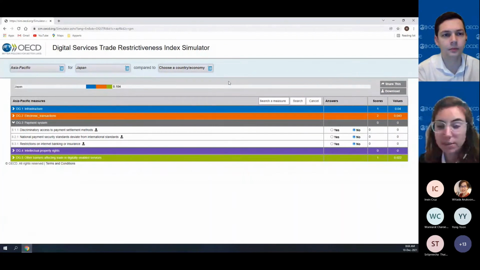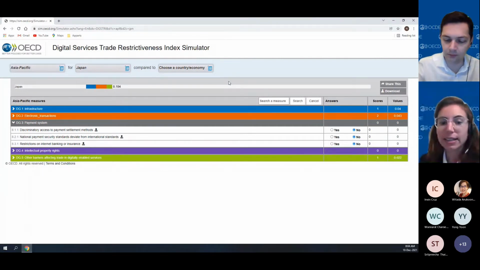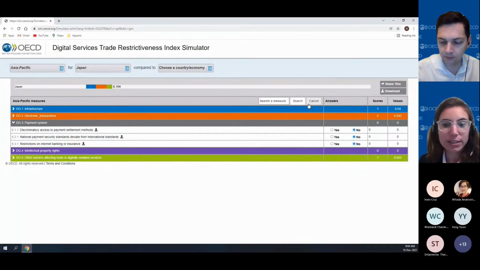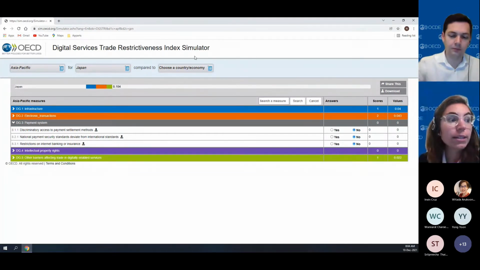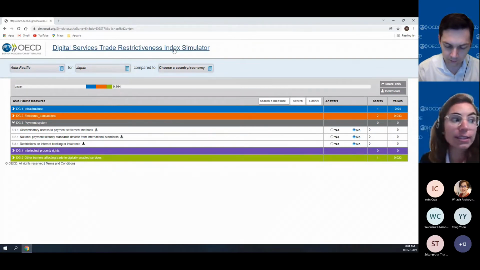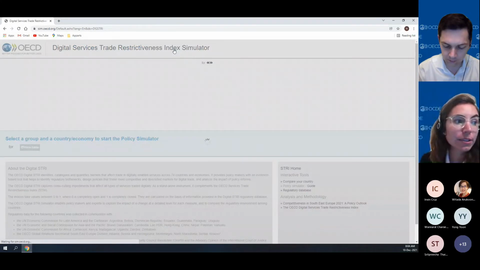For those 2 countries, you have both the index, the digital STRI and the full STRI, which, as you know, covers many more sectors, 22 sectors. Here, the tool that you're seeing online is the tool for the digital STRI, and for the digital STRI we have many more countries.